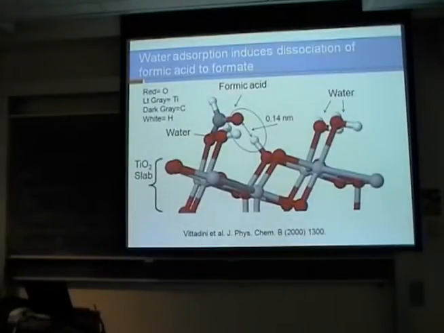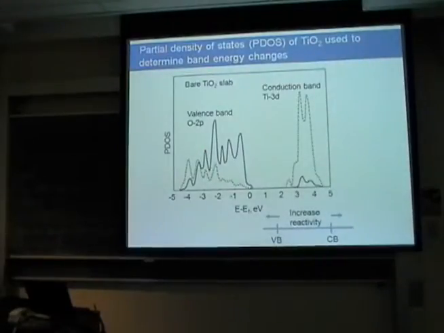Okay, it's pretty well understood now how this is happening in the case of formic acid: when water comes in, it forms, again, hydrogen bonds to the adsorbed intermediate and allows for a more easy dissociation of the first OH bond. Right, so water is very good for shuttling protons around, which is important in a lot of these reactions.